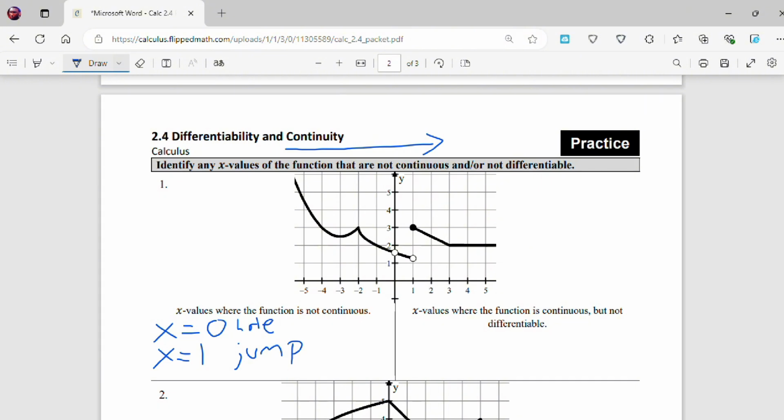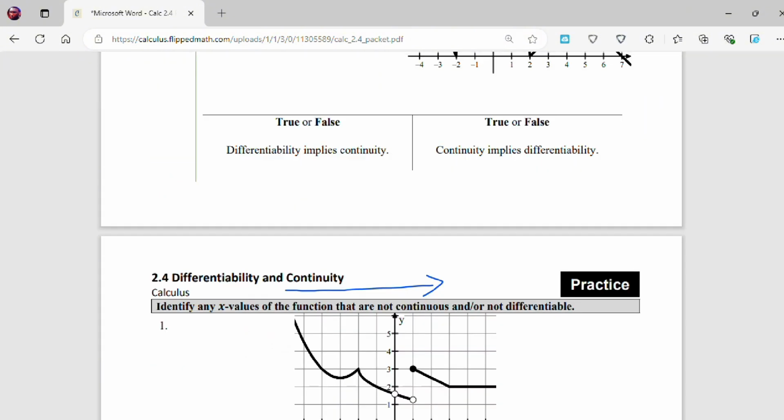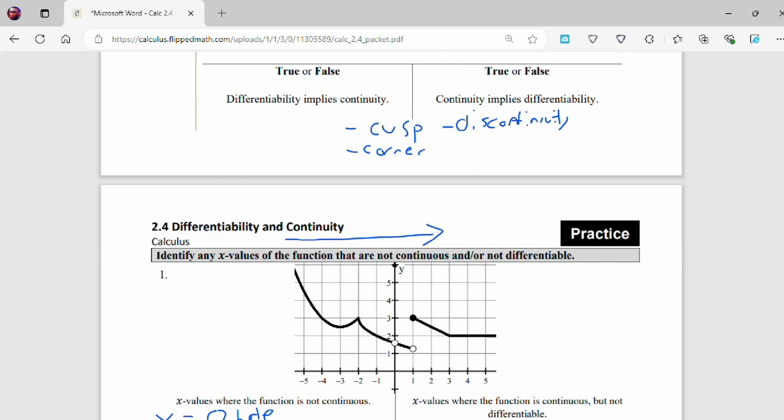so actually before we start the right side, we're going to briefly go over this. If we have a cusp, if we have a corner, or we have a discontinuity, then those are all points where it is not differentiable.